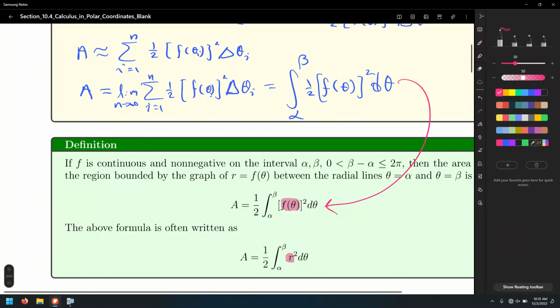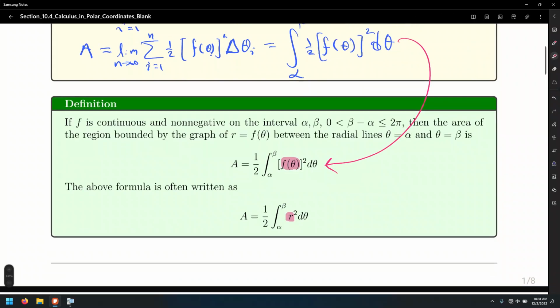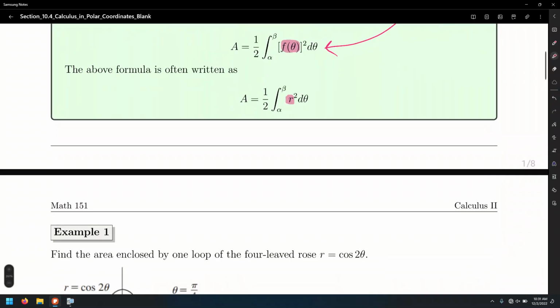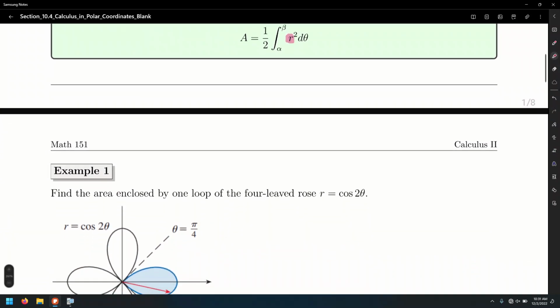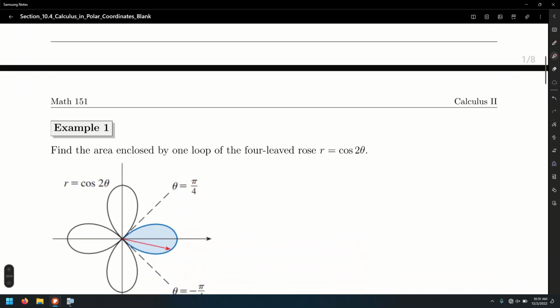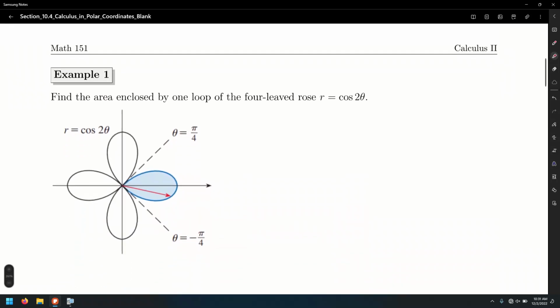Let's be prepared with a bunch of trigonometric identities and stuff like that. They're asking us to find the area enclosed by one loop of the four-leaf rose r equals cosine 2 theta.